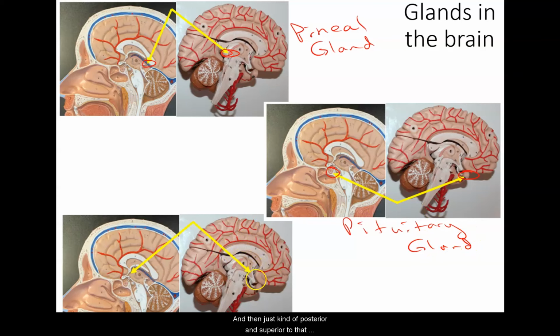And then just posterior and superior to that pituitary, right about in there and there, attached to that pituitary gland by the infundibulum is the hypothalamus.